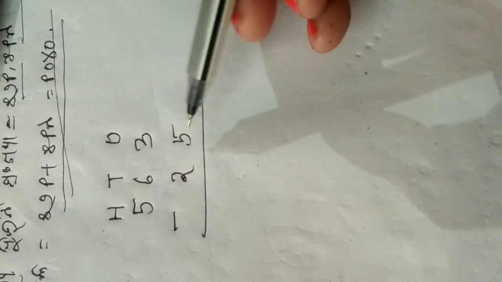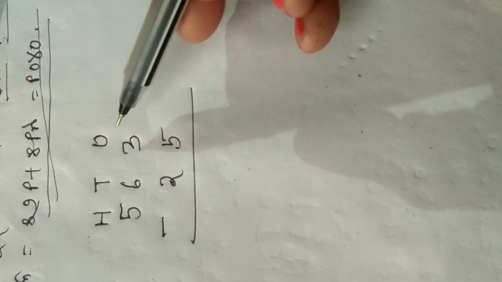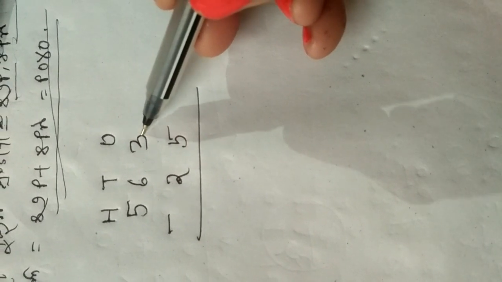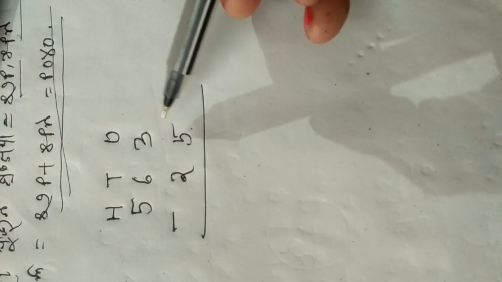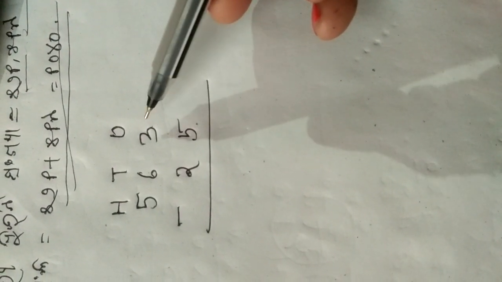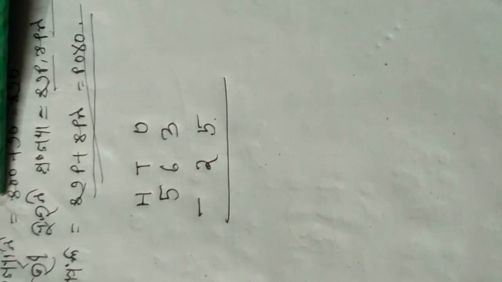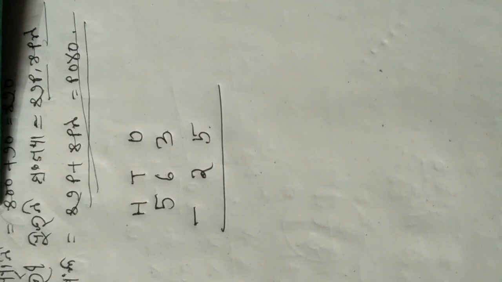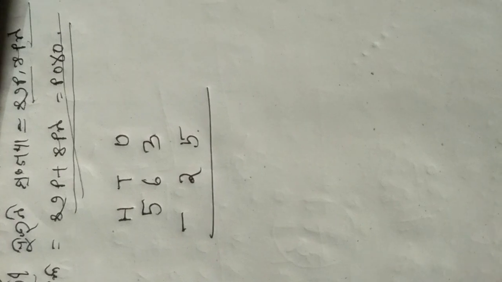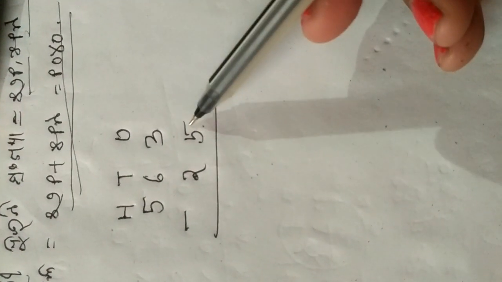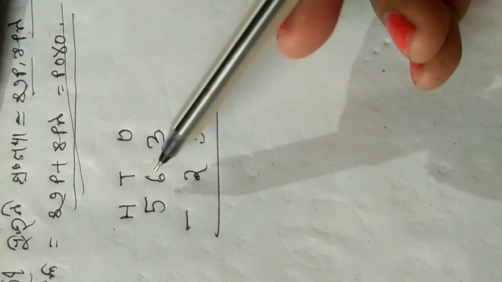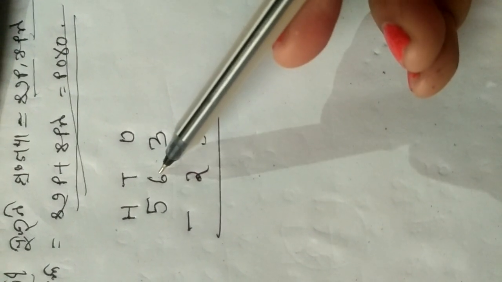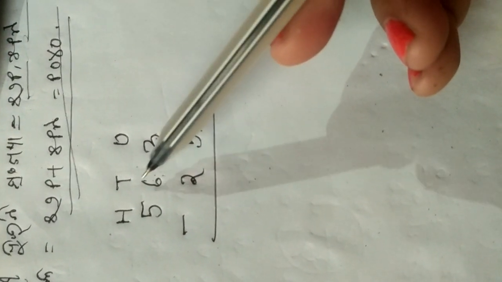So students, look at this example. In the ones place, the numbers are 3 and 5. 5 is bigger than 3, so it cannot be subtracted. So students, we go to the tens column and take one ten from the tens column.